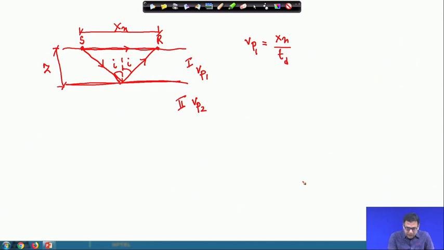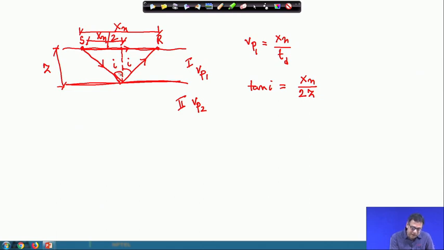Now, this will be x n divided by 2 and this is z. So, I can write that tan I is equal to x n divided by 2 into z, because this is I, this is x n by 2, this is z.